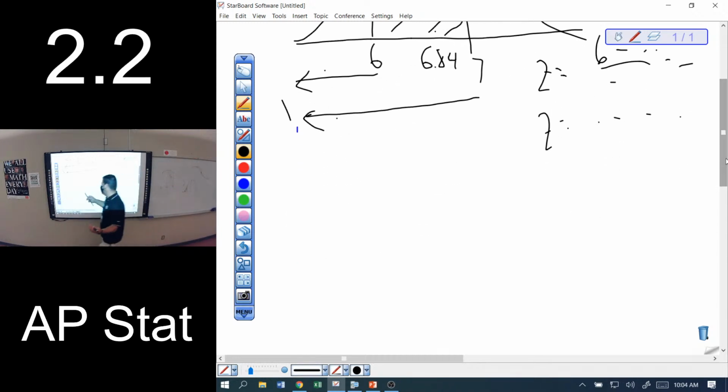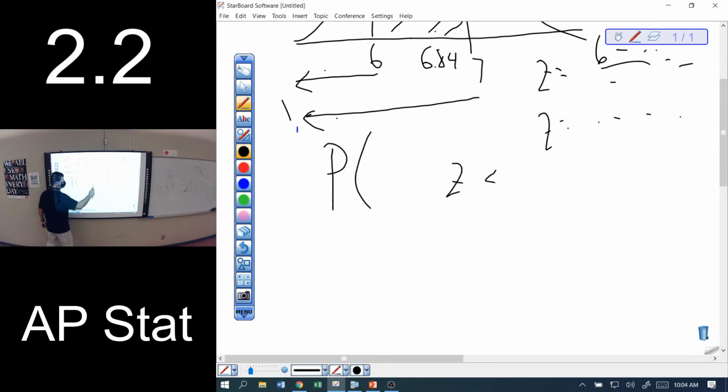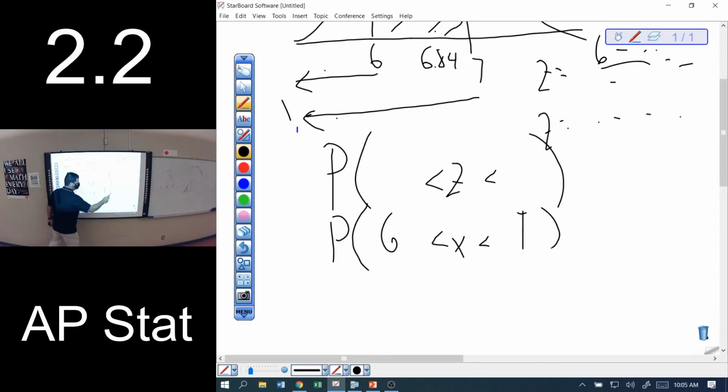And I just show that information, and then I would have the probability. And again, I think what's really cool is if you did the probability that z is less than this but greater than this. But if you went ahead and said the probability that x is less than 7 and greater than 6, you're okay also as long as you showed that you turned it. And truth be told, as long as you show the picture, you're pretty good.